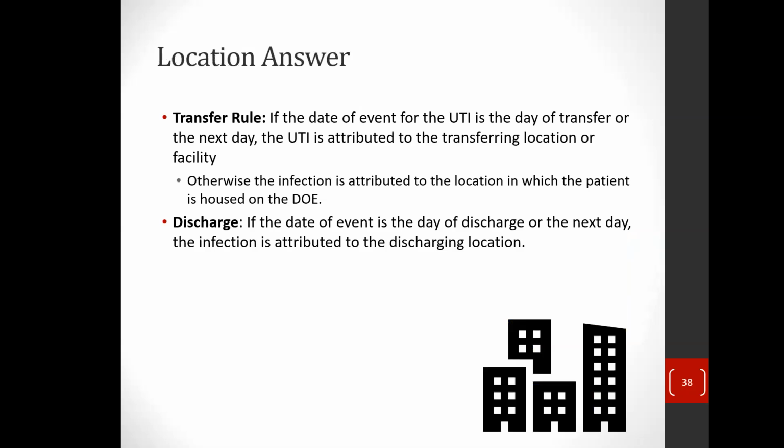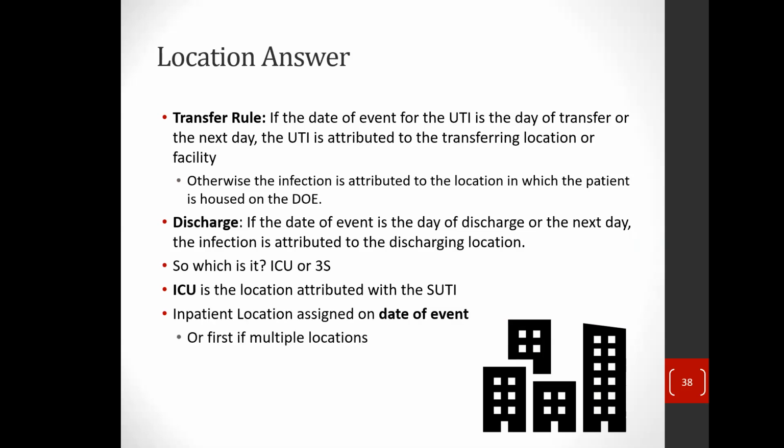ICU. And this is the same rule for discharge. If the date of event is the day of discharge or the next day, the infection is attributed to the discharging location. So, as I said before, is it ICU or 3 South? Using this definition, it's ICU. It was the day after they had transferred.